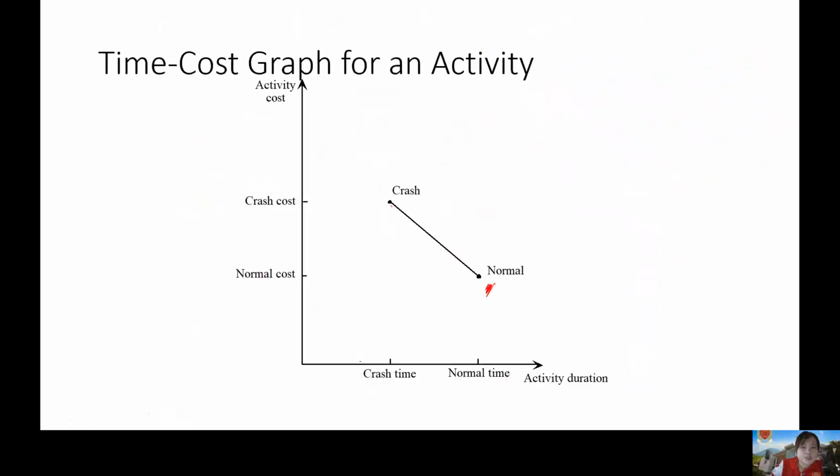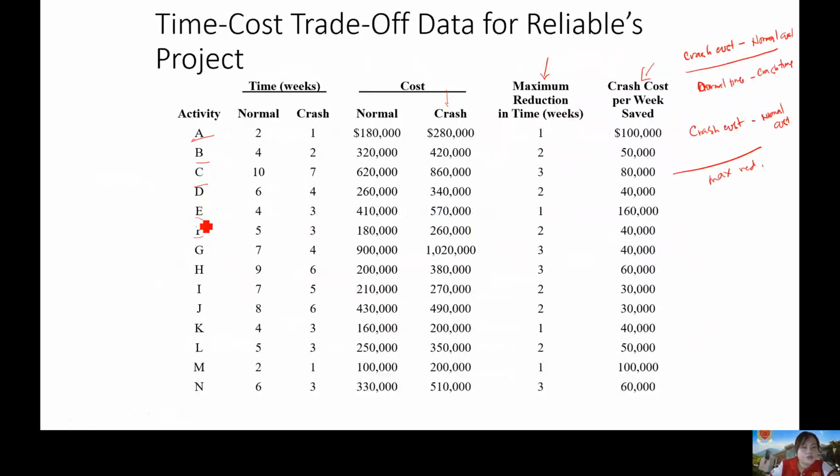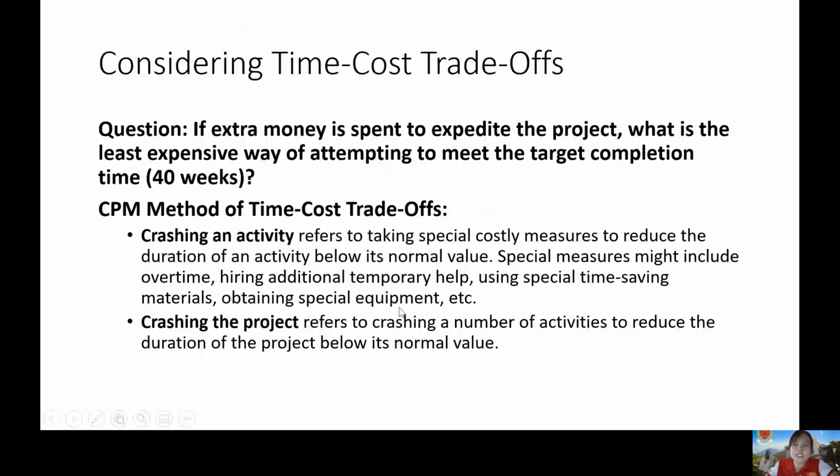A, B, C, E, F, J, L, N. Okay? So, yung critical path nyo kanina, na-identify, yan yung mga i-analyze nyo for the crash cost.